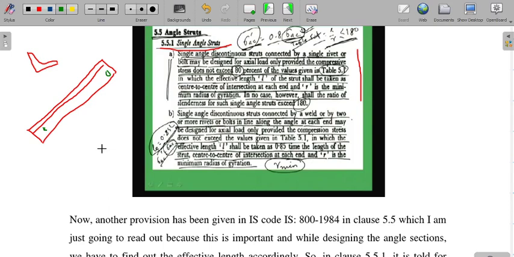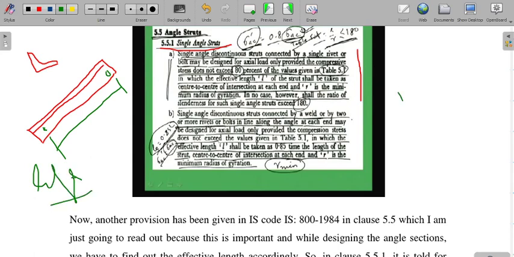Note down: effective length is equal to the center to center distance of the intersection of the end connection. That means simply the length of the angle, or the length from the center of one rivet to the center of the rivet at the other end. This is nothing but the effective length.